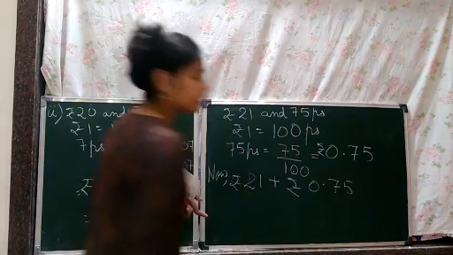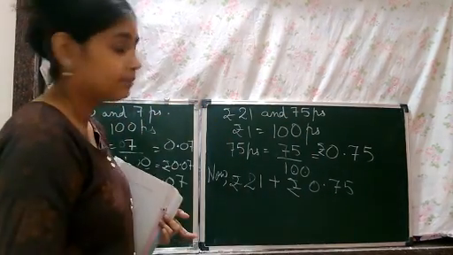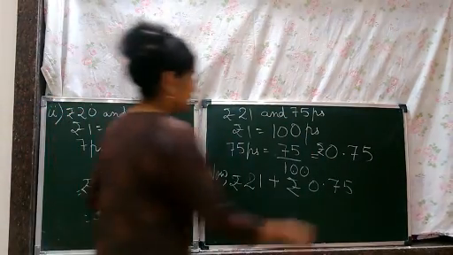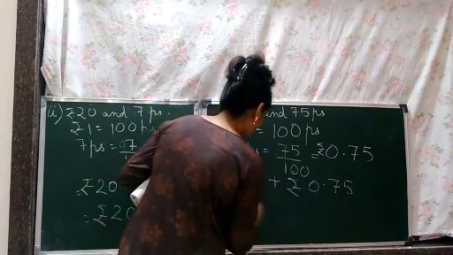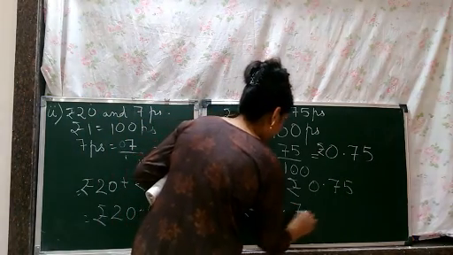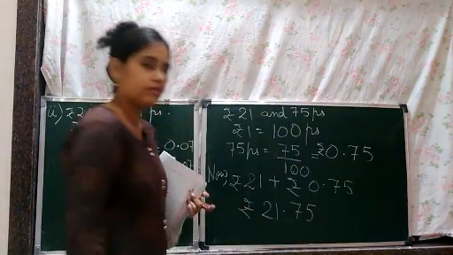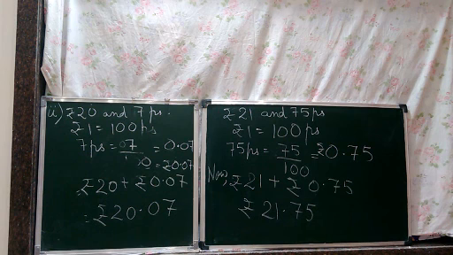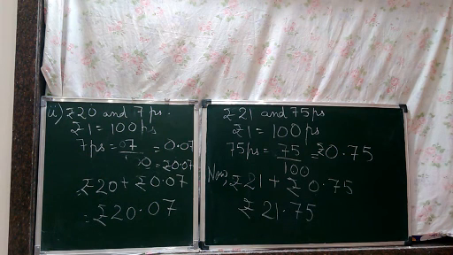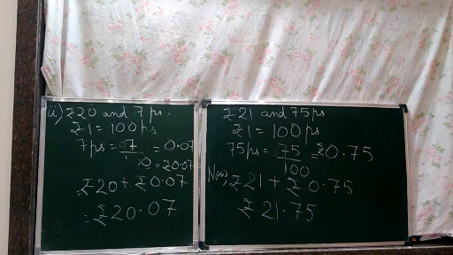Now where is this 21 going to get added? To 0. Why to 0? Because 21 is a whole number. So rupees 21.75. And that's how we complete the try these, which was given in page 175, children.